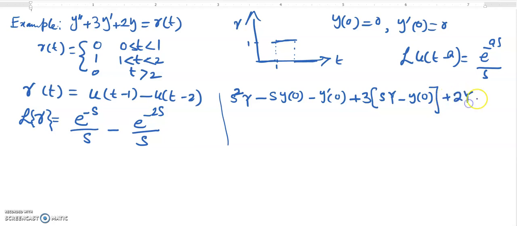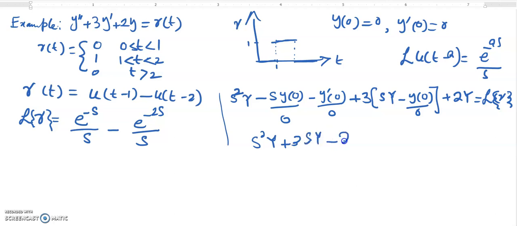On the right, the Laplace of that r function, which I have already determined. Both initial values are 0, so what is left is s square Y plus 3sY plus 2Y equal to the Laplace of r.